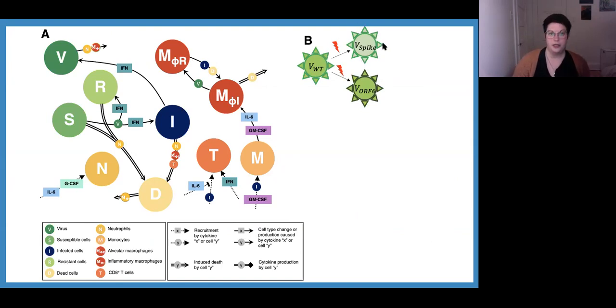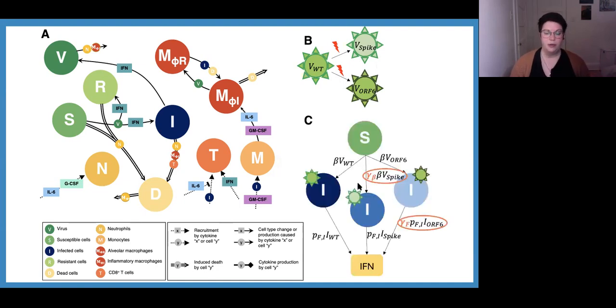So for example, increases in infectivity of the variants. This was observed early on in summer 2020 with the D614G mutant, sorry, variant, and immune modulating variants. So those that can interfere, for example, not specifically with antibodies, though that's of course very important, but for example, the interferon response.